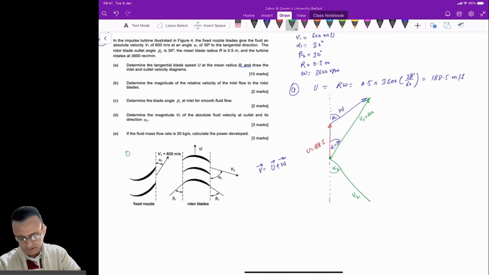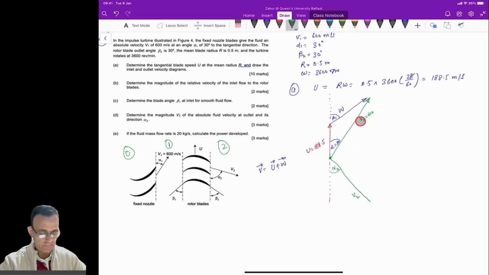This is our position 0, this is position 1, and this is position 2 here. Therefore we call this v1, and we call this v2, and this is alpha 2, and this is alpha 1, and this is beta 1.